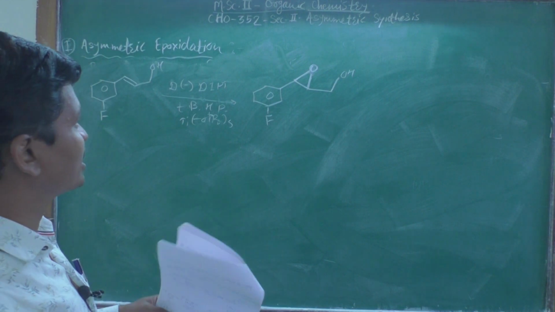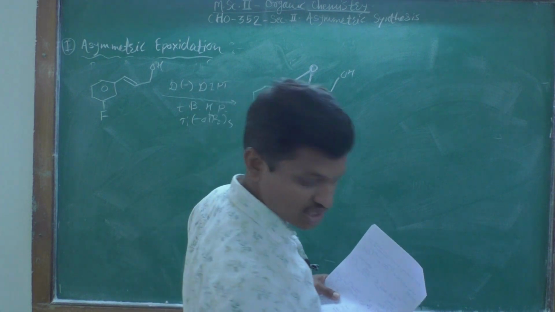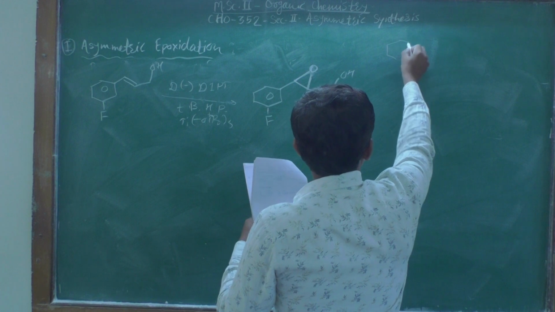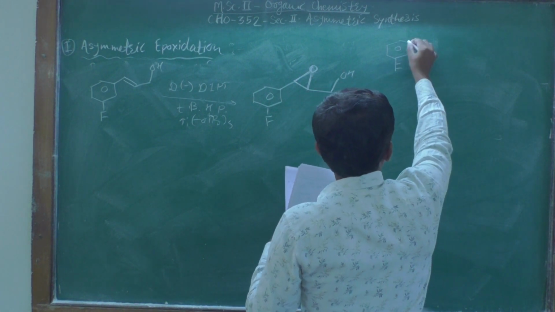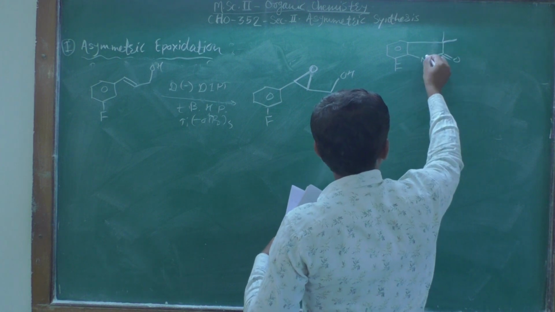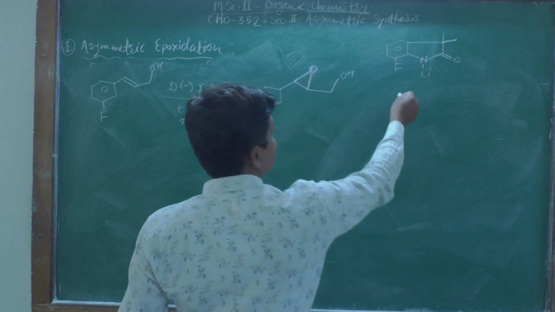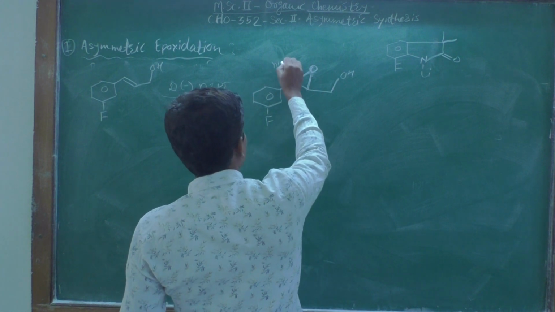Now on this epoxide ring, the nucleophile is attacking, and the nucleophile that we are using here is this one: fluorine, nitrogen, carbon oxygen double bond, dimethyl group. This is NLi. The nitrogen lithium bond is nucleophilic in nature, so I am writing only Nu minus.